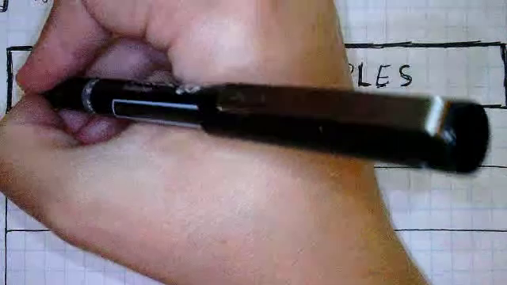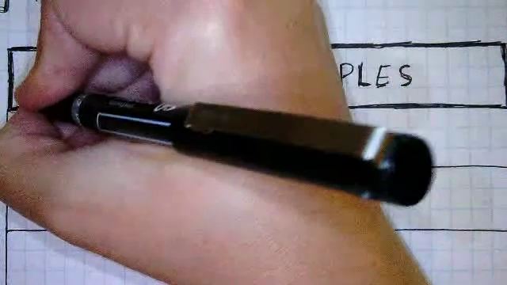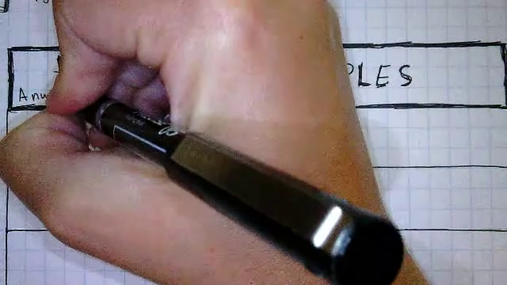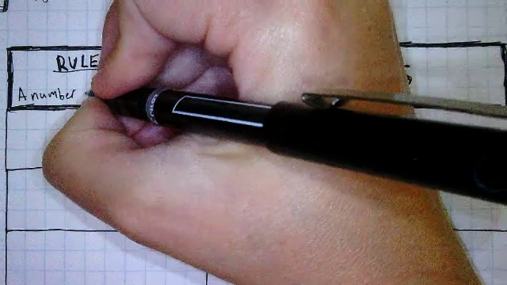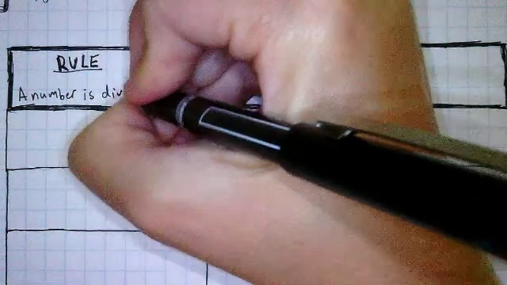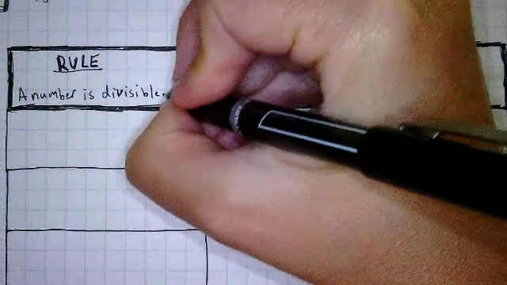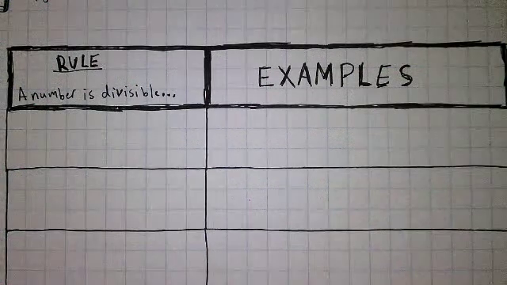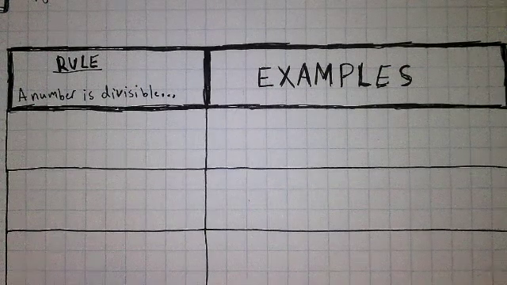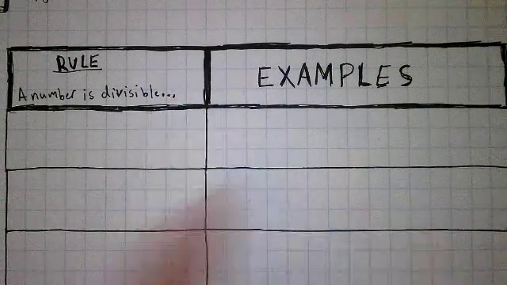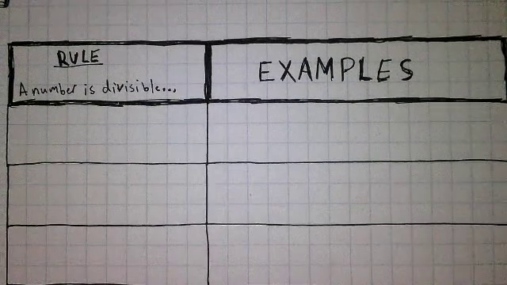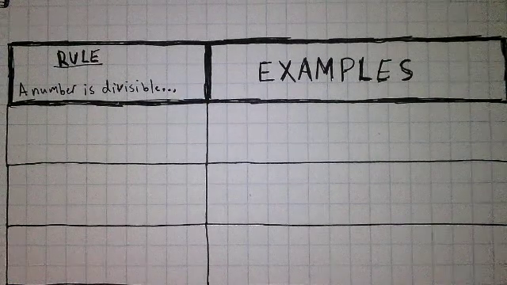Now, at the bottom of this box, we're going to put a number is divisible... And every rule under that is going to finish this sentence differently. So this is the beginning of our sentence, and I see that it got blurry for you, so let me recast it for you.